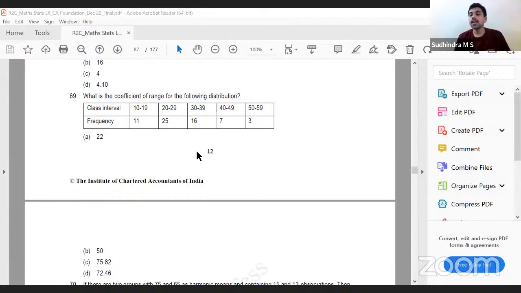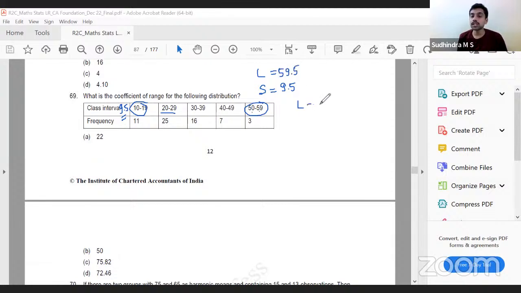Very good. Coefficient of range, we need to identify the largest value and smallest value. In case of a continuous distribution, we use the class boundaries. First class interval, lower class boundary. This is 10 to 19, and the next is 20, so the gap is 1, half is 0.5. 10 minus 0.5, 9.5 is the lower class boundary. So 9.5 is the smallest value. Last class interval, upper class boundary: 50 to 59 plus 0.5. So 59.5 is the largest value.